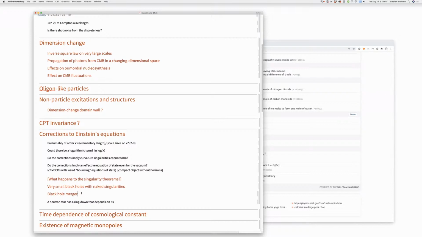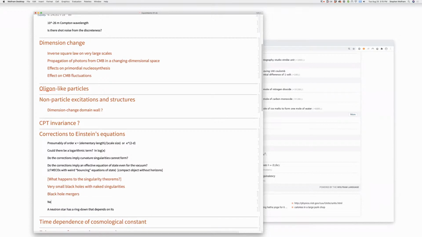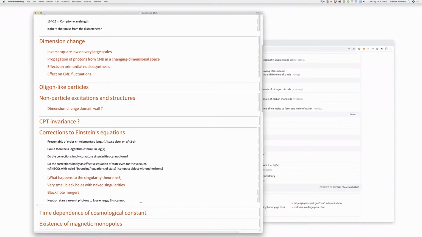So the basic physics must be that neutron stars can emit photons to lose energy if they're deformed, but black holes cannot. So that must be the most basic change. Black holes can only emit gravitational radiation, presumably. Right. Now that's an interesting question in our theory. Is it true that black holes would only emit gravitational radiation? That's an interesting question.